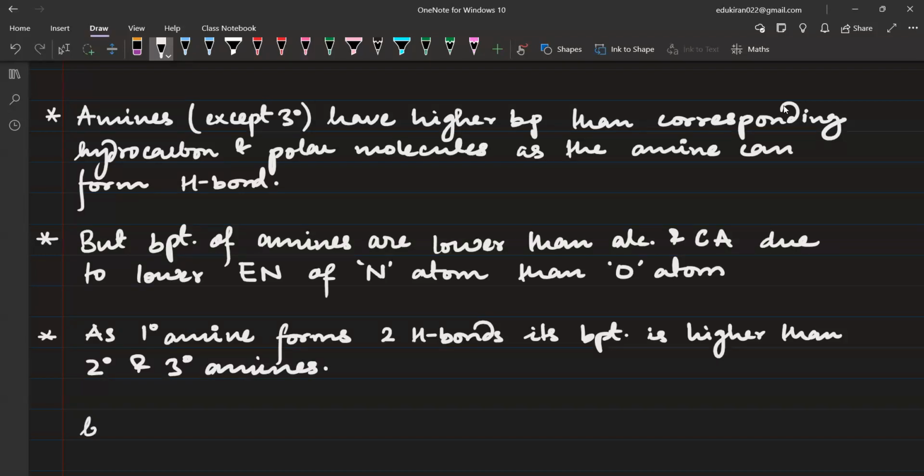Okay. So if I talk about the boiling point of amines, highest is 1 degree, then we have 2 degree, and 3 degree is quite lower because hydrogen bond does not form in it.